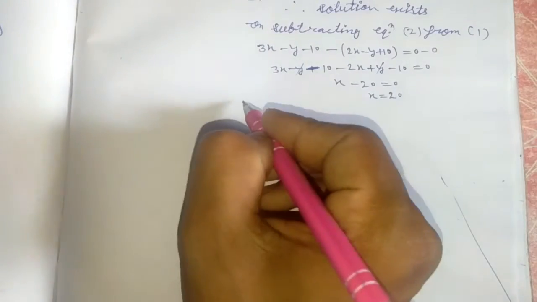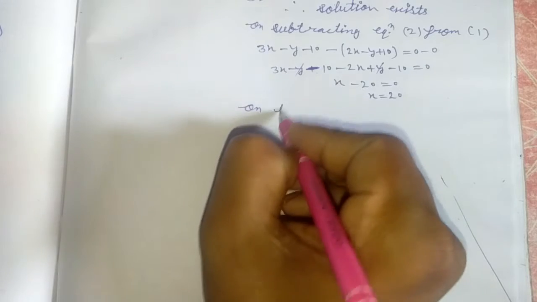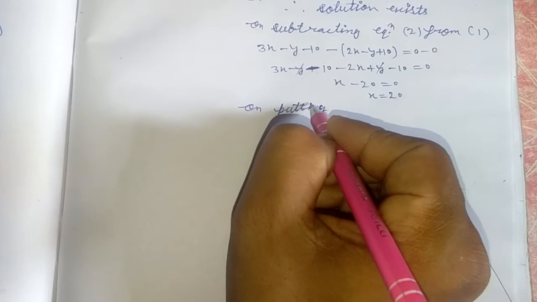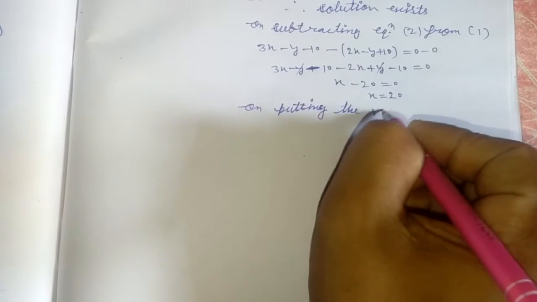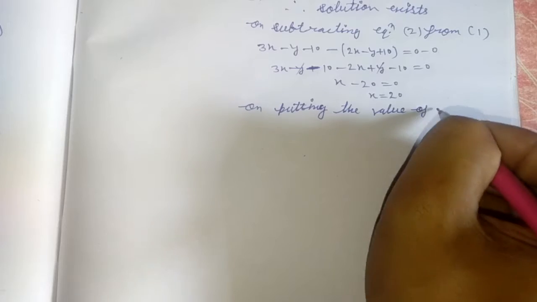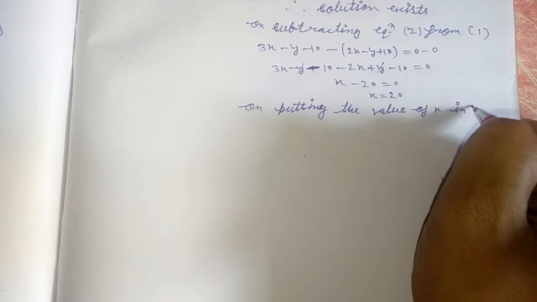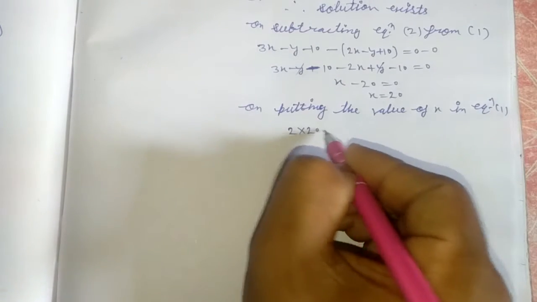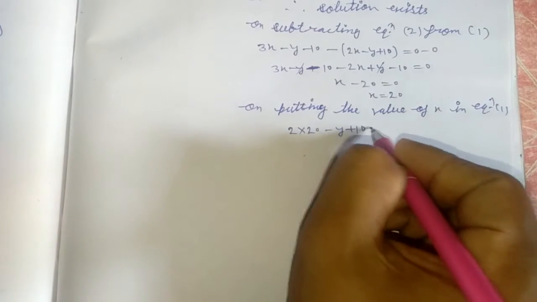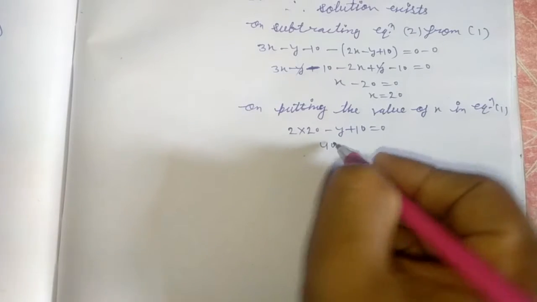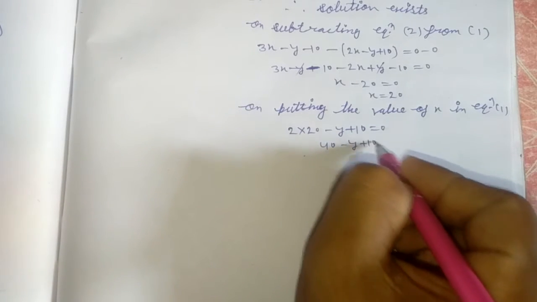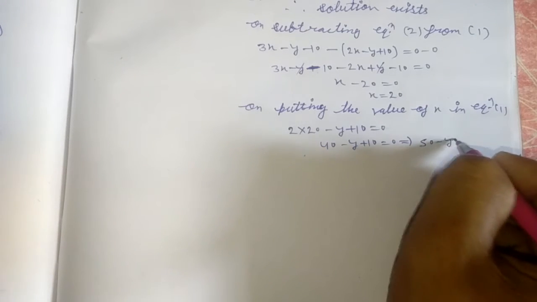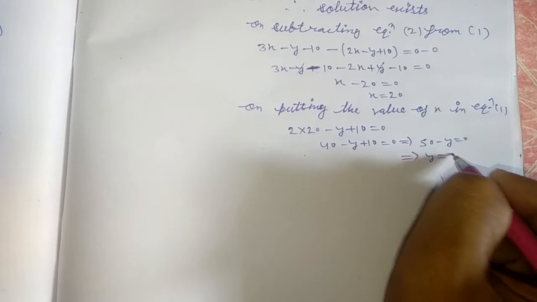Again, on putting the value of x in equation number 1, we get 2 into 20 minus y plus 10 is equal to 0. 40 plus 10, 50 minus y is equal to 0. This implies that y is equal to 50.